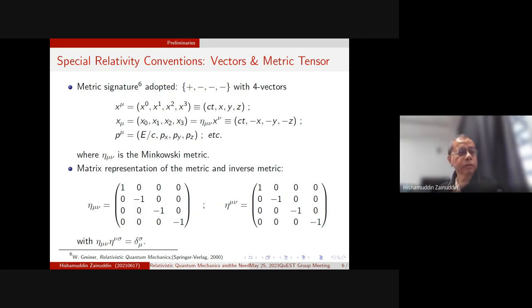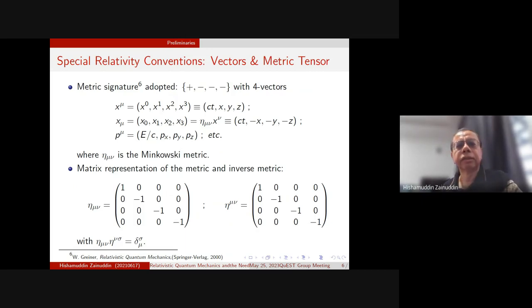So before we jump into relativistic quantum mechanics, we need to establish some conventions that are used. If you've been in one of my classes for special relativity, I mentioned the different conventions that people use.